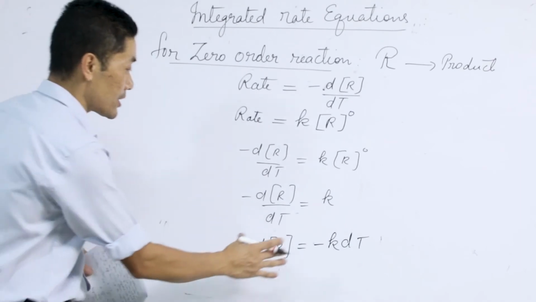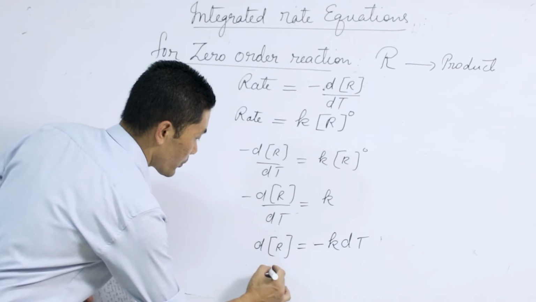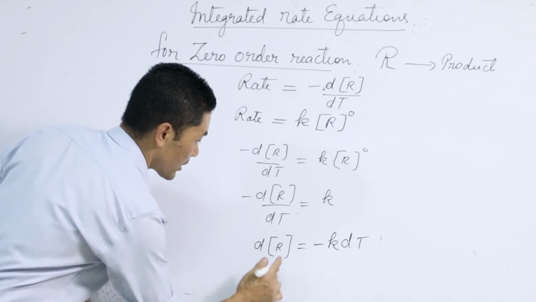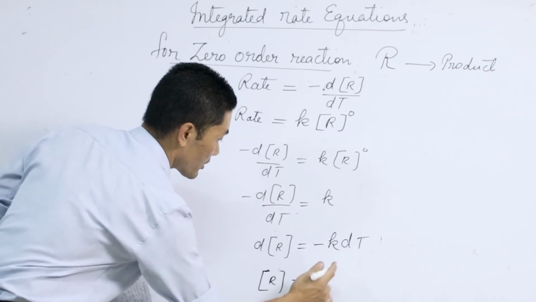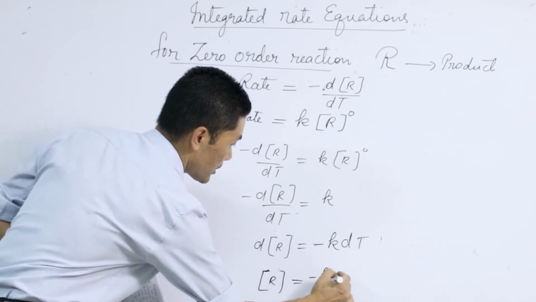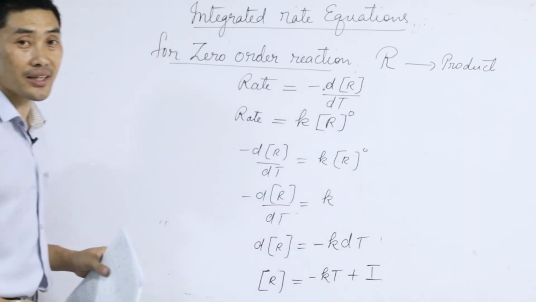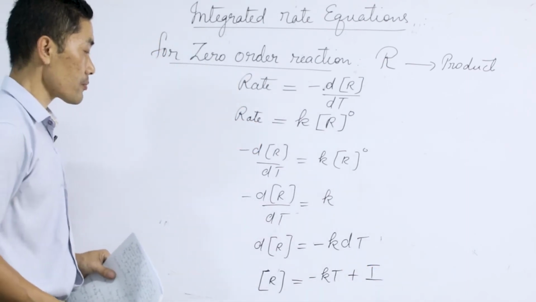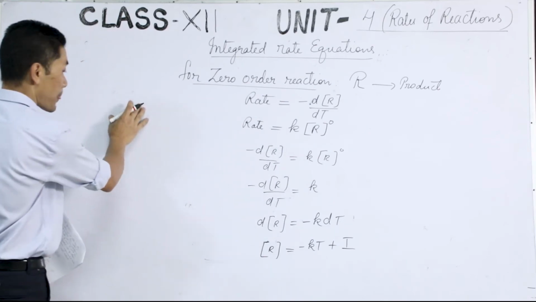Then we integrate this. On integration, integration of dR will give us R, and integration of this will give us minus Kt plus I, where I is called the integration constant. Now let me continue here on the side.